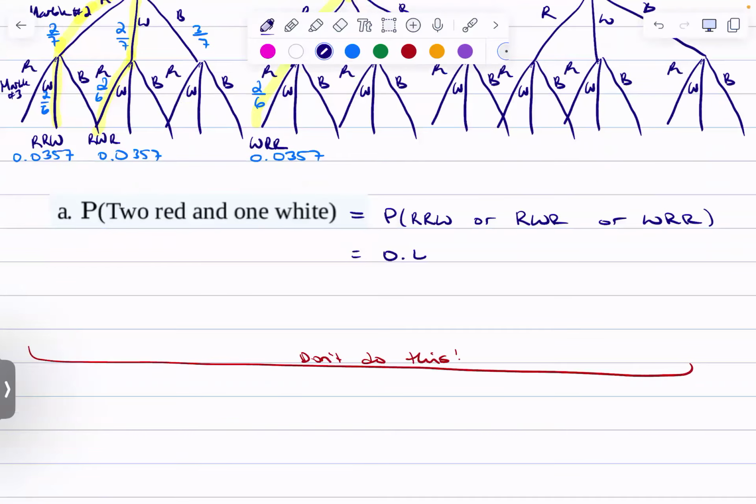So it's going to be 0.0357 plus 0.0357 plus 0.0357.